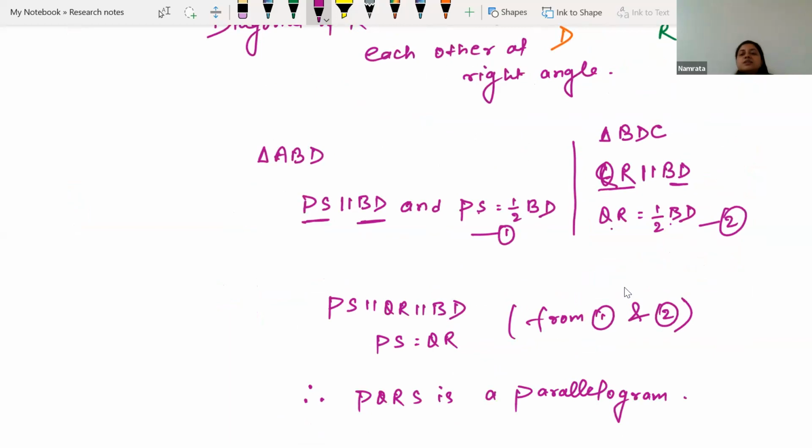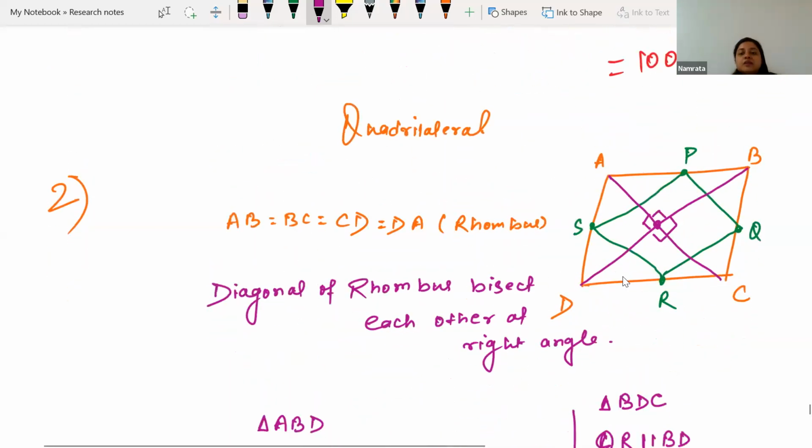Now, here we can name the points O, M, N. In quadrilateral OMQN, please note it down. I'm writing it over here so that you will be able to connect it with the figure.